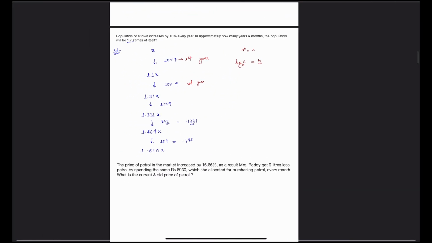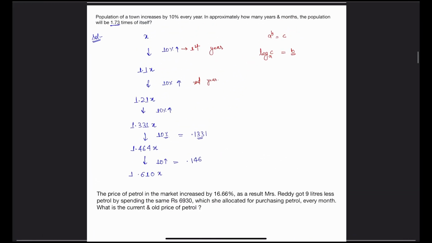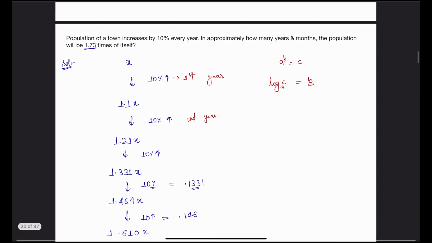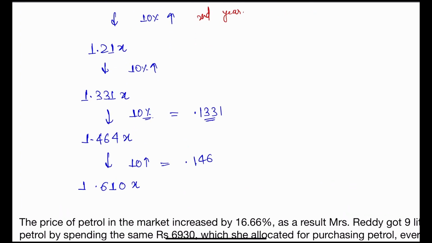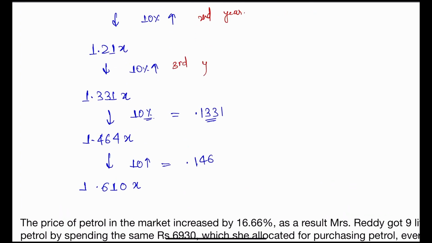So we reached 1.61, but we need to reach 1.71. Let's just write which year: third year, fourth year, fifth year.